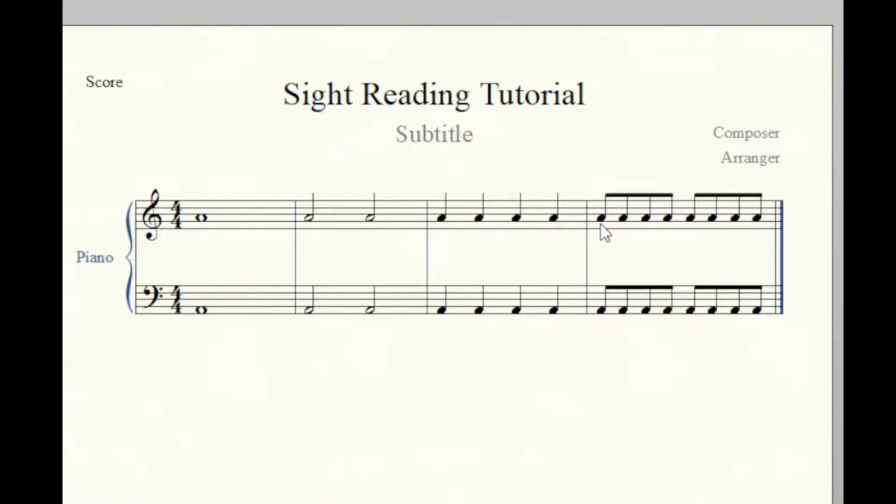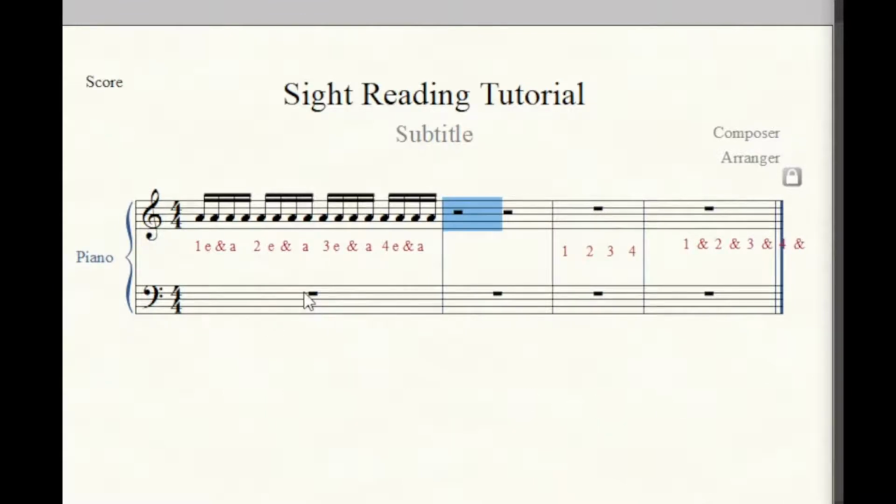This would be counted 1 and 2 and 3 and 4 and. So you count this as 1, 2, 3, 4, holding down that note. And then this would be 1, 2, 3, 4. And this would be 1, 2, 3, 4. And then 1 and 2 and 3 and 4 and. That's how we count the notes, the note duration, or the rhythm in music.